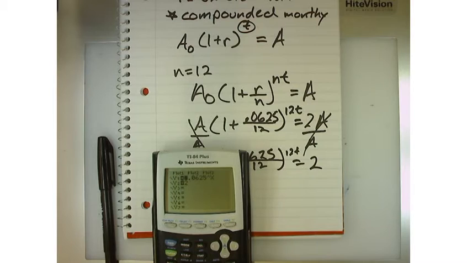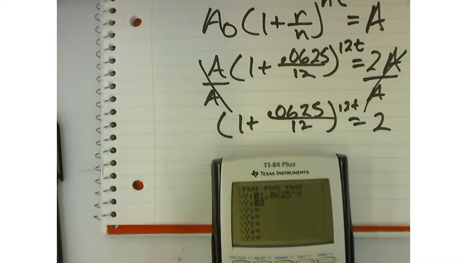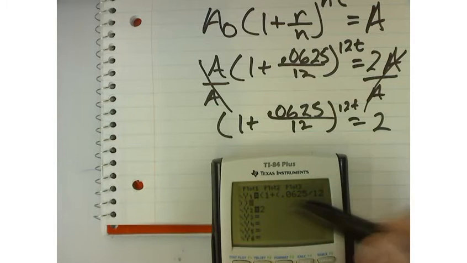for my first expression I want all this 1 plus stuff. So I'm going to say parentheses 1 plus another parentheses 0.0625 divided by 12, close my parentheses. Wait a minute, I got to close a second set of parentheses, because here I have 2 opening parentheses and now I have 2 closing.